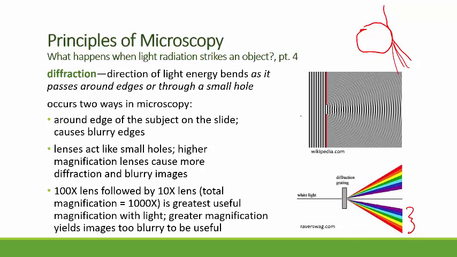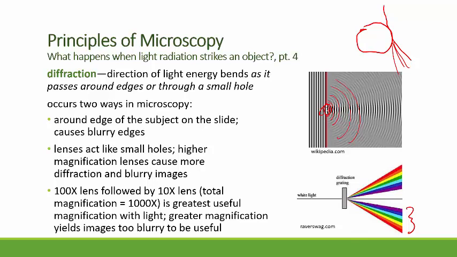Or as it passes through a hole, it bends and distorts the light. So diffraction can cause this rainbow halo effect around an object. And it can cause blurry edges at the object as light is passing through small apertures or small holes like this.